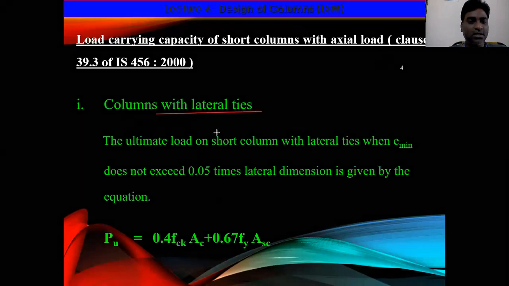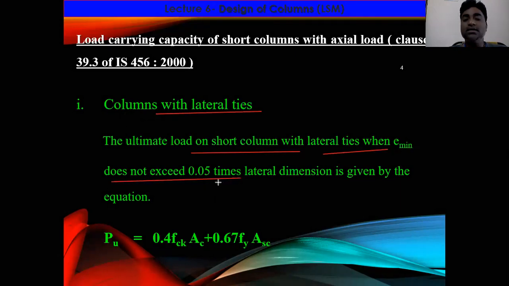The ultimate load on a short column with lateral ties, when e minimum does not exceed 0.05 times the lateral dimension, is given by this equation. It is mentioned in your code book, so just refer to clause number 39.3.